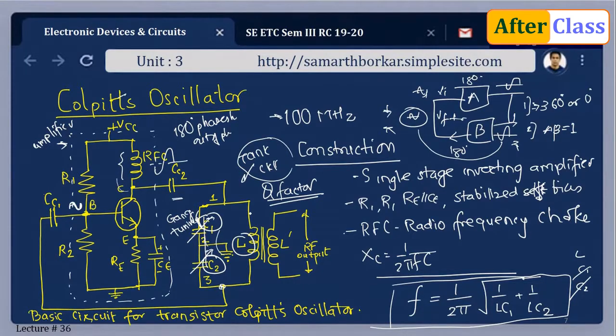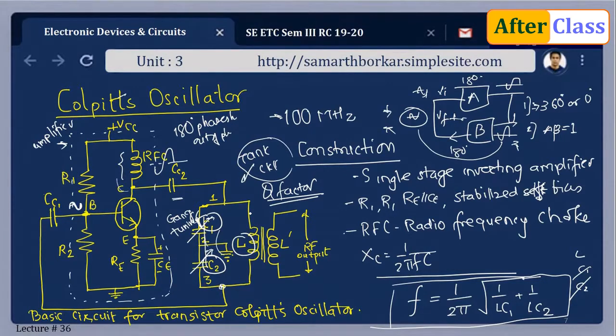So I don't have to individually change the values of C1 and C2 separately. In fact, there is a single mechanism, a gang tuning. By just tuning it, I can change the collective frequency of the tank or the Colpitts oscillator. So it is to be noted that the capacitors C1 and C2 are ganged.